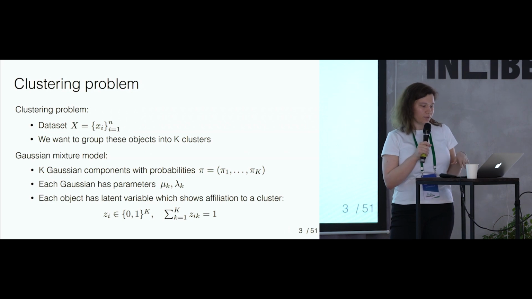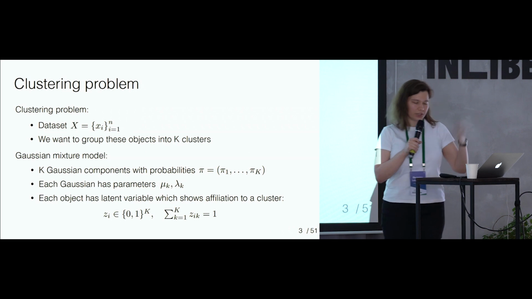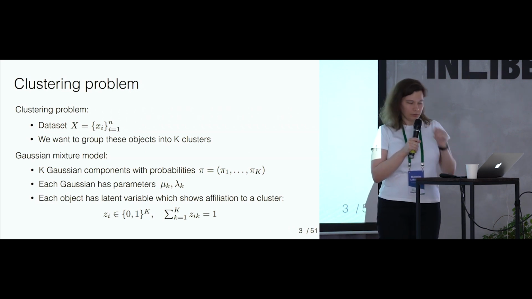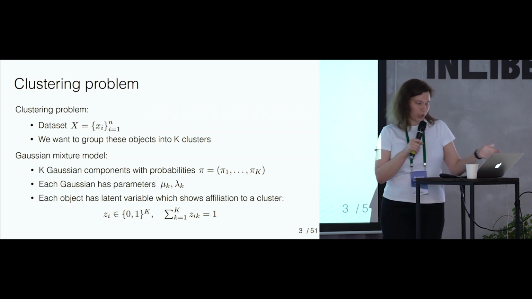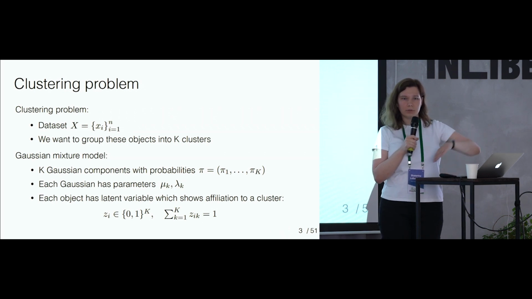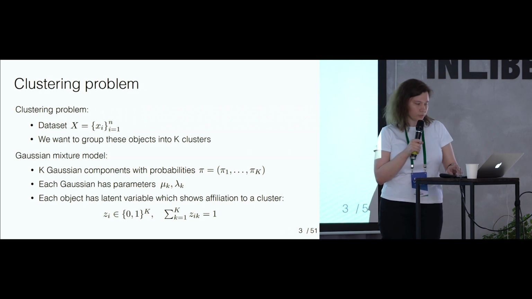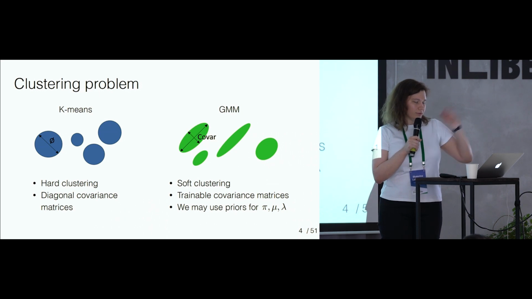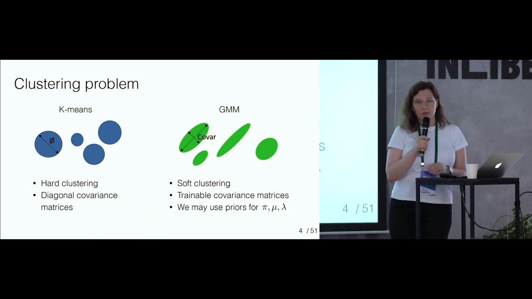So this zi is a vector of length k, which gives us the probabilities of this point i to be from the cluster 1, 2, 3, and so on. And each Gaussian has parameters mu and lambda. Lambda here is an inverse variance. So it's not sigma as usual, but inverse sigma.